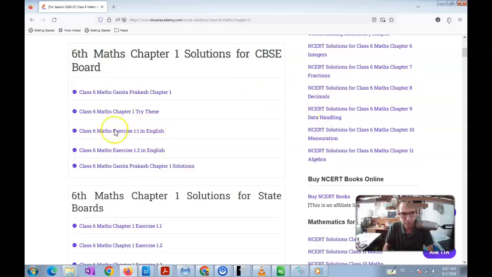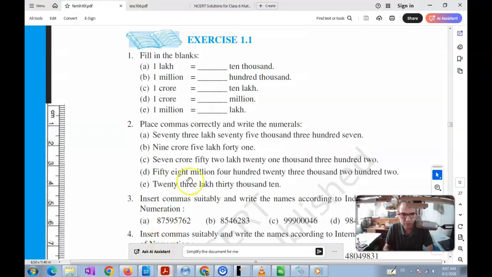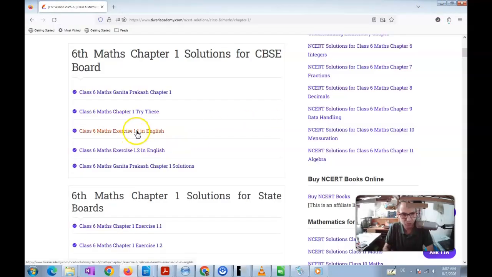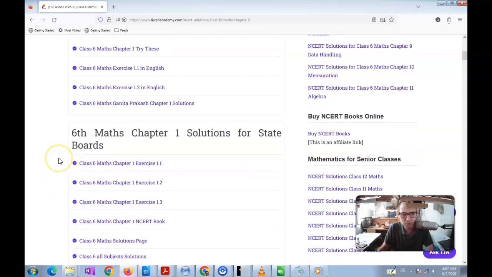Okay. Now you see over here on the chapter itself, I showed you that there is exercise 1.1, 1.2 and 1.3, right? And over here there is only 1.1 and 1.2. 1.3 is missing for whatever reason. This kind of thing happens almost all the time on this website.